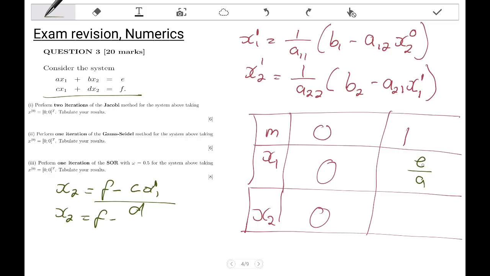So the recent x is e over a. If you substitute by e over a, it's going to be f minus c times e over a, all divided by d. So that's our answer, f minus ce over a all divided by d.